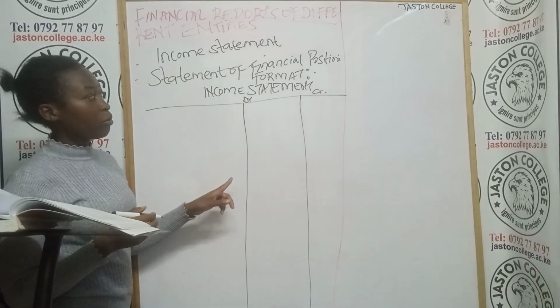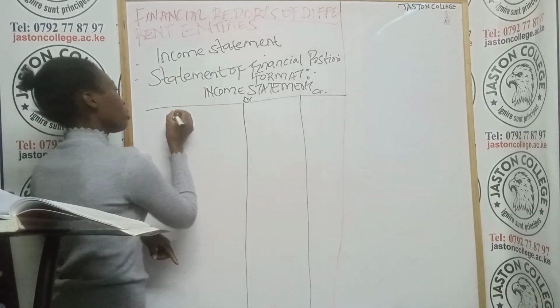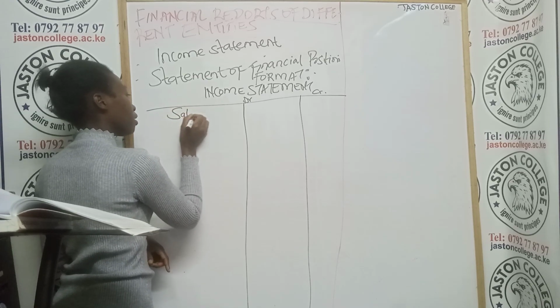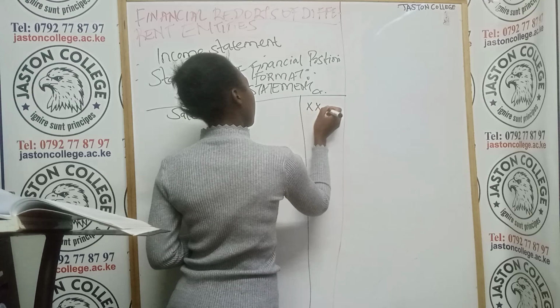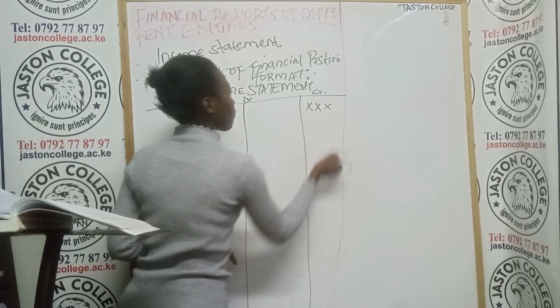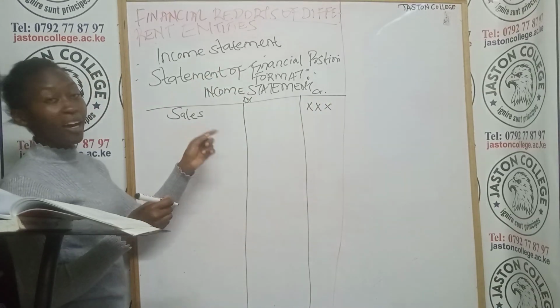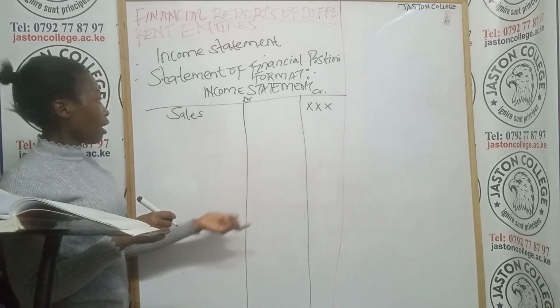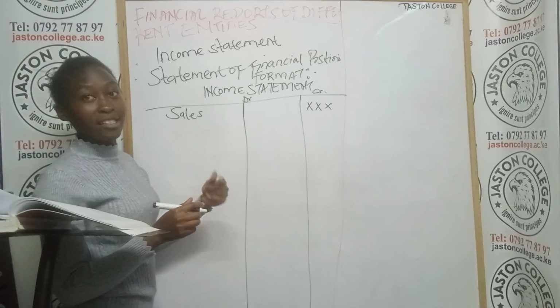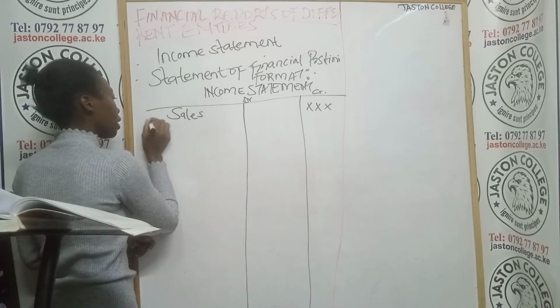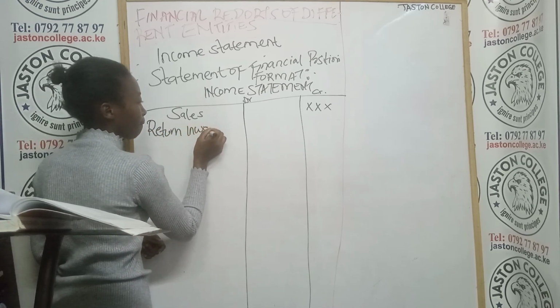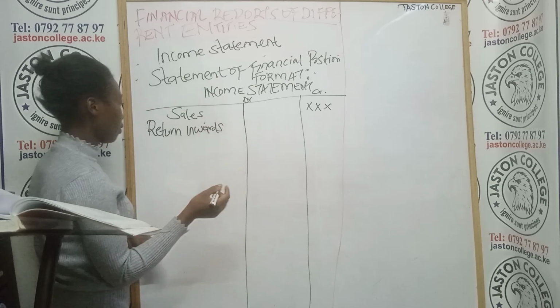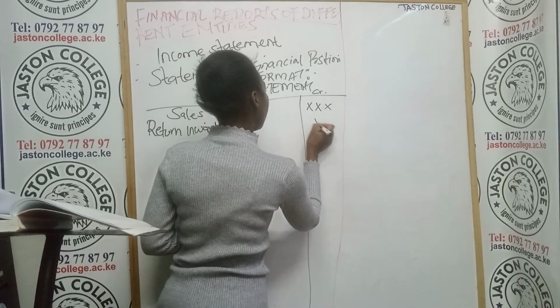Now to start with, we are going to start with sales. Our sales, we credit our sales. Then maybe we have returns inwards. We put our returns inwards here.